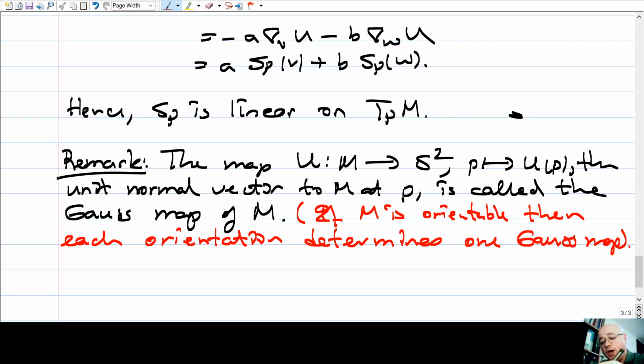Actually, I don't need connectedness. So you have as many Gauss maps as there are orientations. Okay.